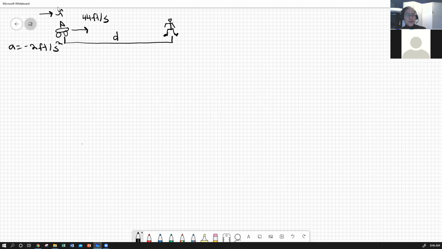So we can express those mathematically. A normal person, from the time they see an obstacle, will have 0.75 seconds delay before they can initiate that deceleration.